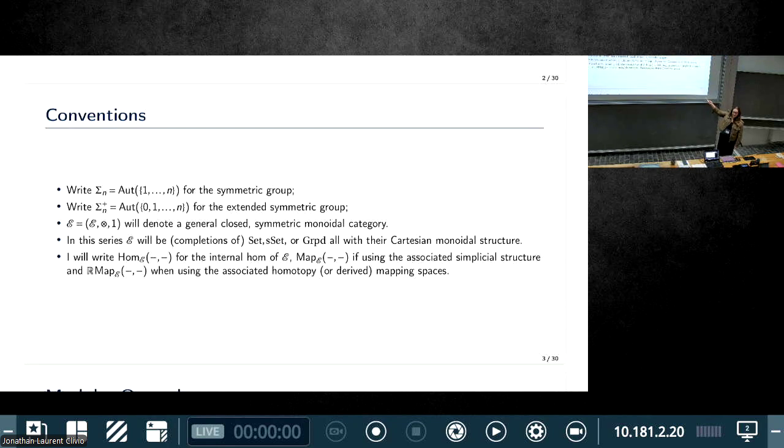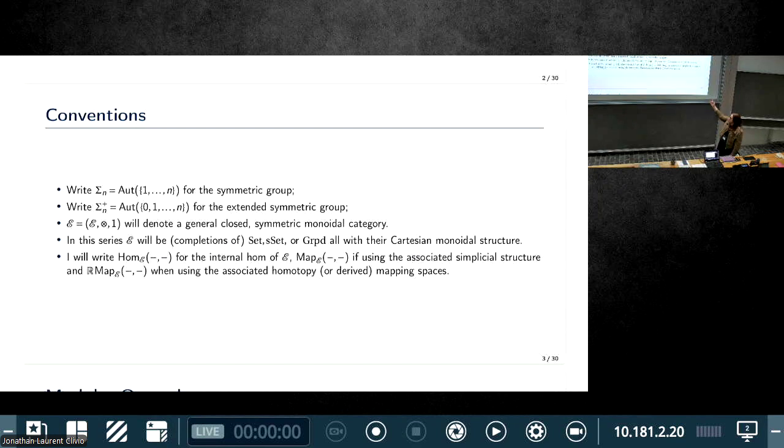Examples are simplicial sets, which I just call spaces because of habit, or groupoids. So we use the regular Cartesian product there. And we're going to be doing completions of these categories as well, or pro-objects in these various categories. But they're all Cartesian monoidal closed, and in general I just write Hom for the regular internal Hom.